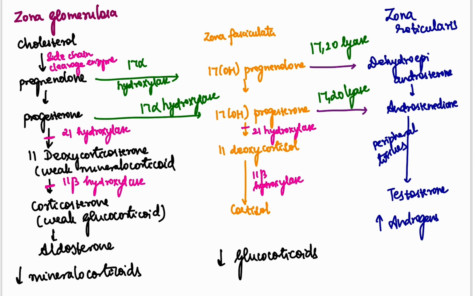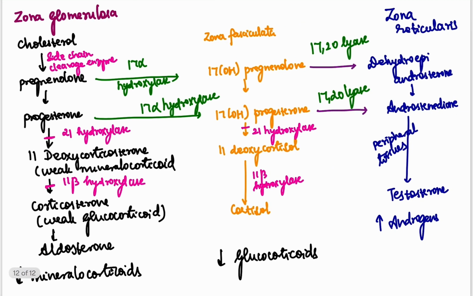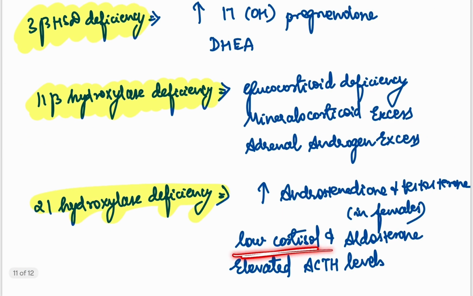In 21 hydroxylase deficiency, since 21 hydroxylase is deficient, aldosterone cannot be produced. There are decreased mineralocorticoids, so low aldosterone. In 21 hydroxylase deficiency, cortisol cannot be produced either. There is decreased cortisol and aldosterone.